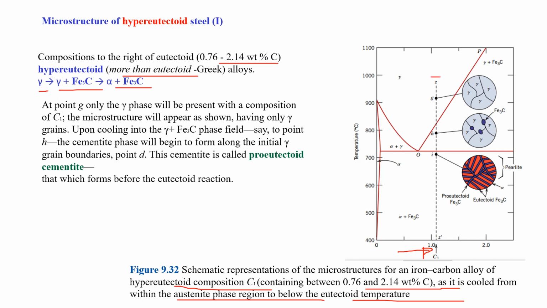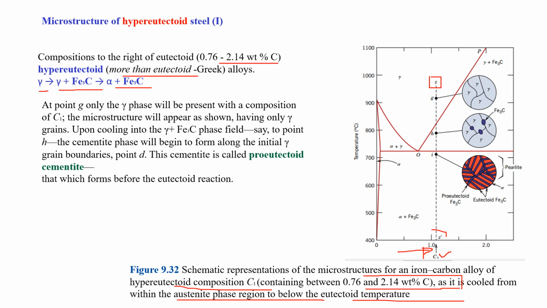Our point of interest in this figure is the vertical line Z to Z prime at the composition C1, in the region between 0.76 and 2.14% by weight.